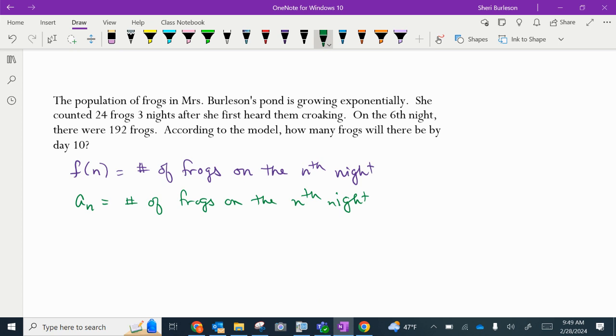Then, whichever notation, I know f of 3 is 24 and f of 6 is 192, or I know a sub 3 is 24 and a sub 6 is 192, right?